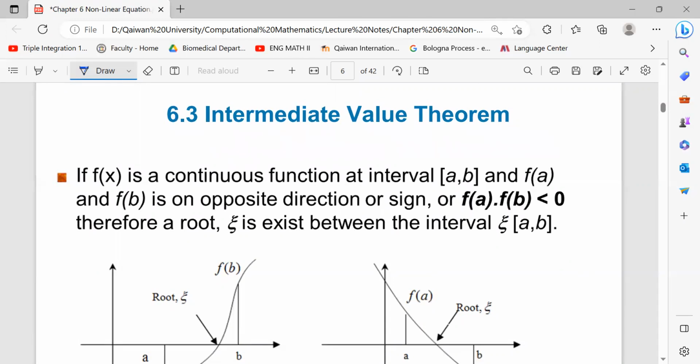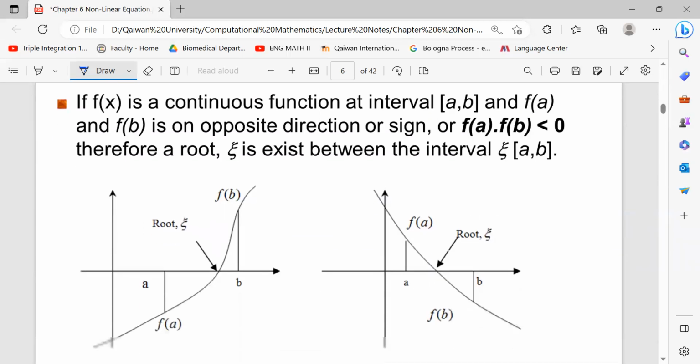We use the intermediate value theorem for finding the interval of the solution that you work on by using the bisection method. So we need to first find the interval of the solution, then we apply the iterations by using the bisection method to get the approximate solution or the required solution.